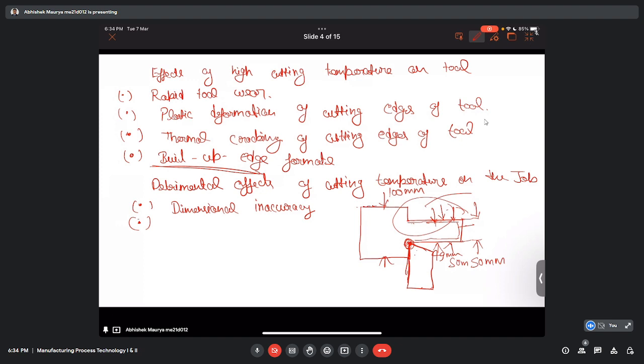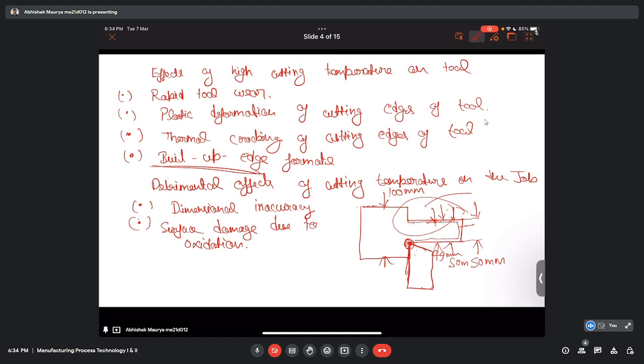Another is the surface damage due to oxidation. So what happens if temperature rise is too much? Then the oxidation tendency of most of the metals becomes very high, and that will damage the properties of the surface.